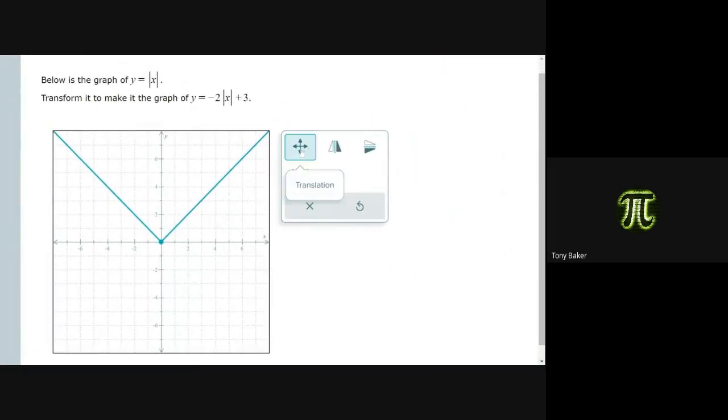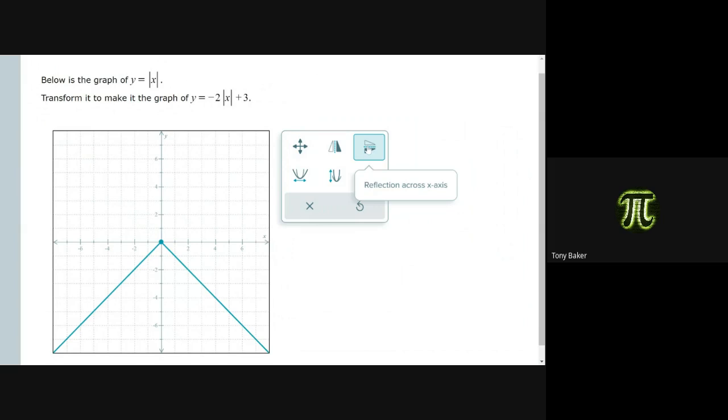All right. What am I doing for this one? So I'm going to multiply the y by -2. So that means it's going to reflect over the x-axis, right? So it's going there.